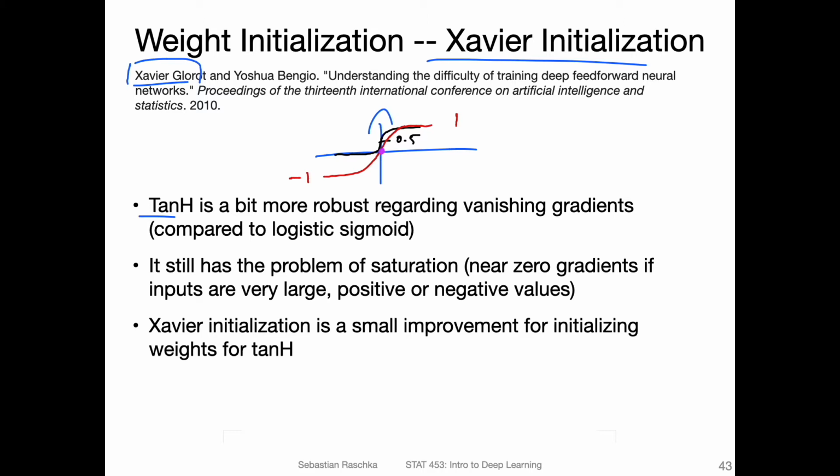But of course, it still has the problem of saturation near extreme values. So here at this point and here at this point we still have this very small or zero gradient, which is still a problem. And this Xavier initialization can act as a small improvement to prevent these extreme values.